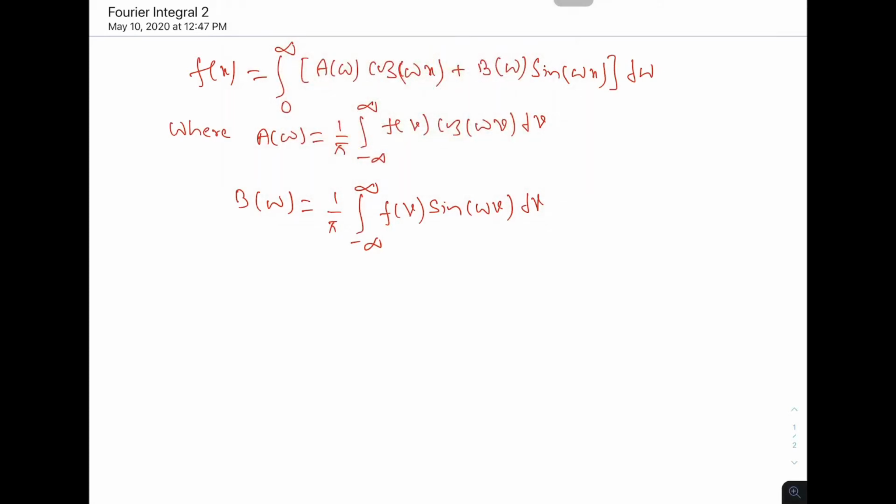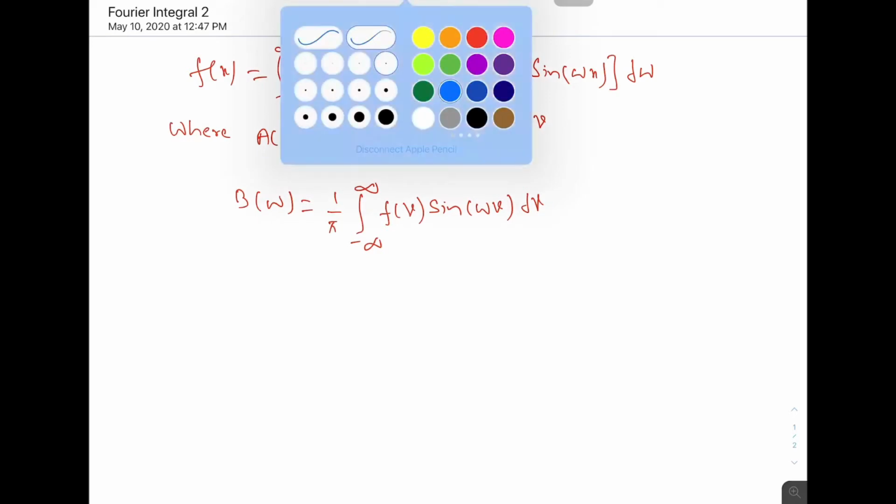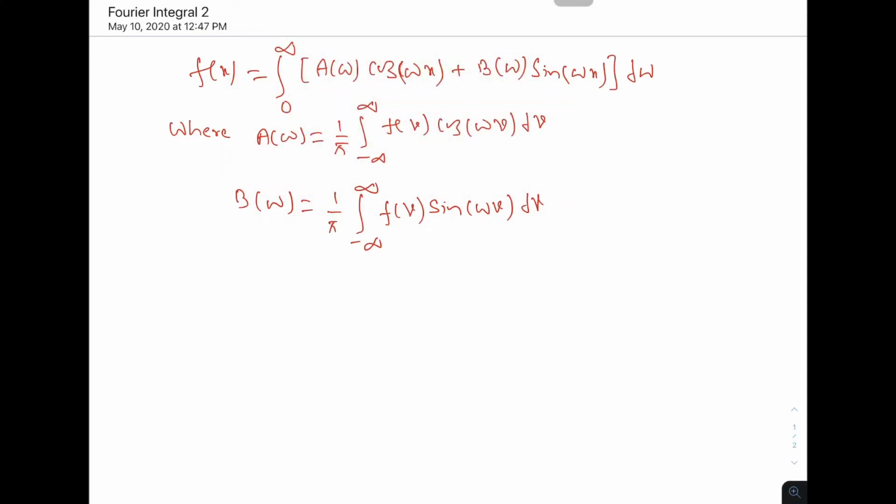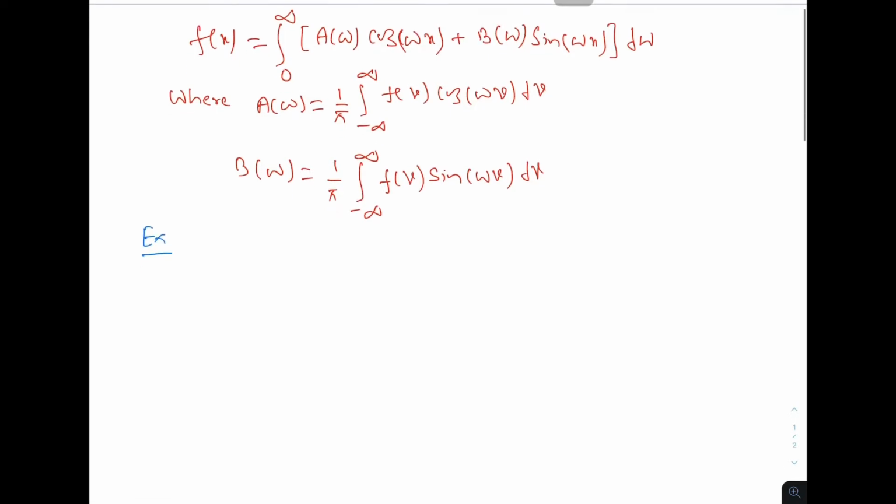Okay, so let us solve an example. If f(x) is e power minus mx if x is positive, m is already positive given, and 0 if x is negative.